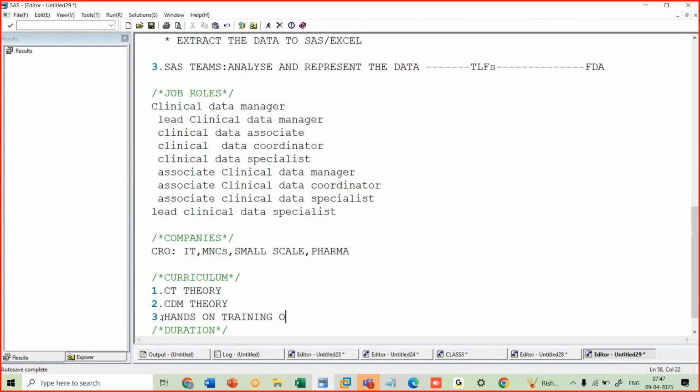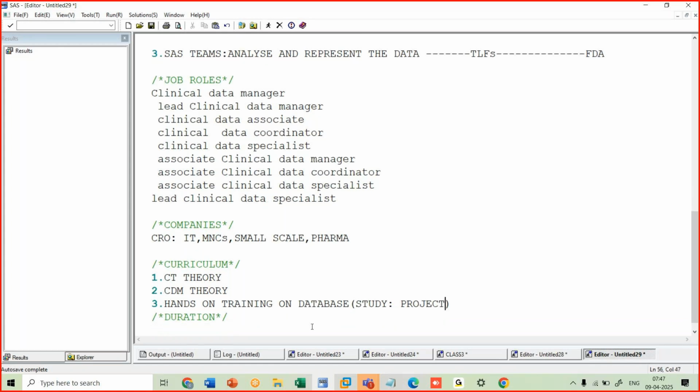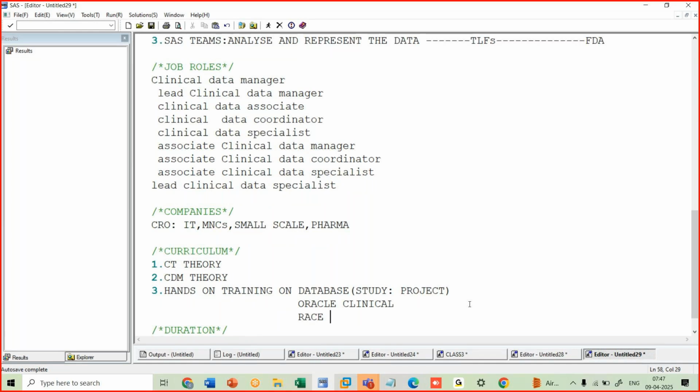Hands-on practical training on the database. Here I'm going to take one study and will be doing one project. Two databases will be covered. Complete hands-on will be on Oracle Clinical. We have Ray VDC also. While explaining Oracle Clinical, I'll be covering Ray VDC also, but with PowerPoint presentations.